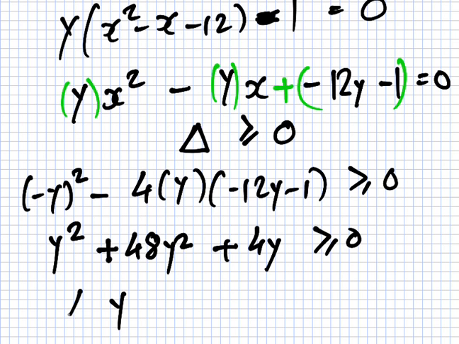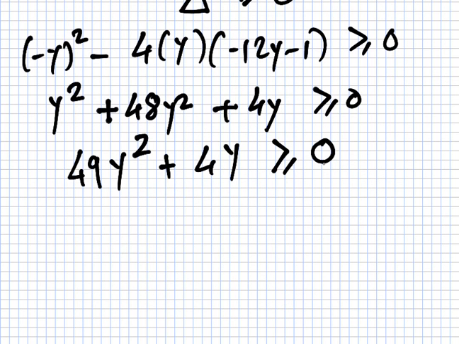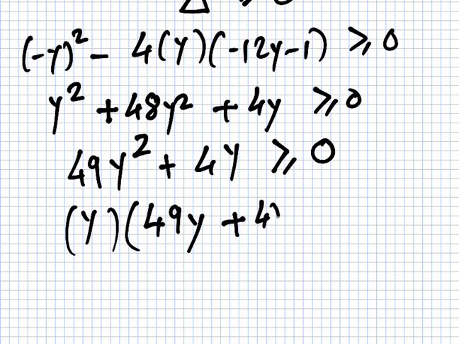I've got 49y squared plus 4y bigger than or equal to 0. Is that right? I think so. This has two factors. First factor is y, and 49y plus 4. Is that all okay?